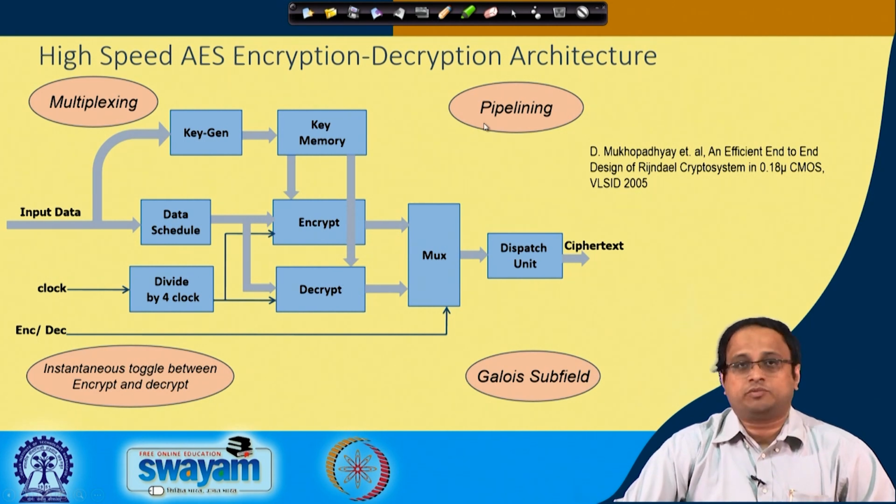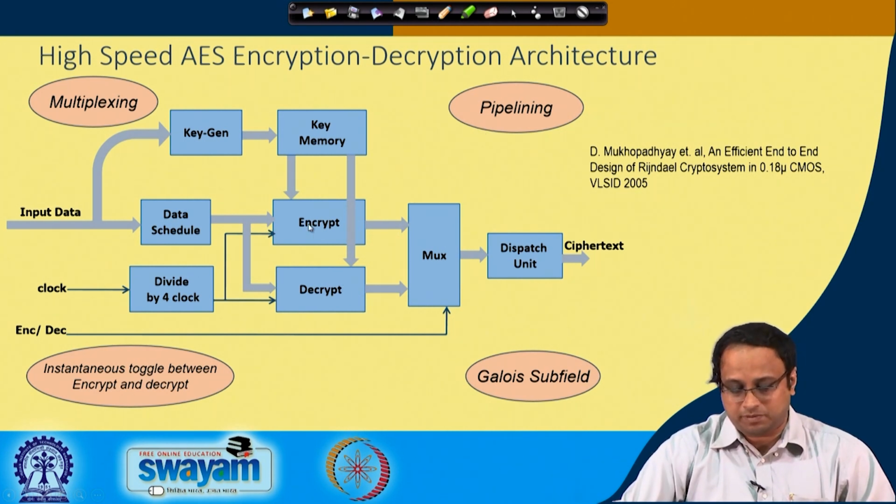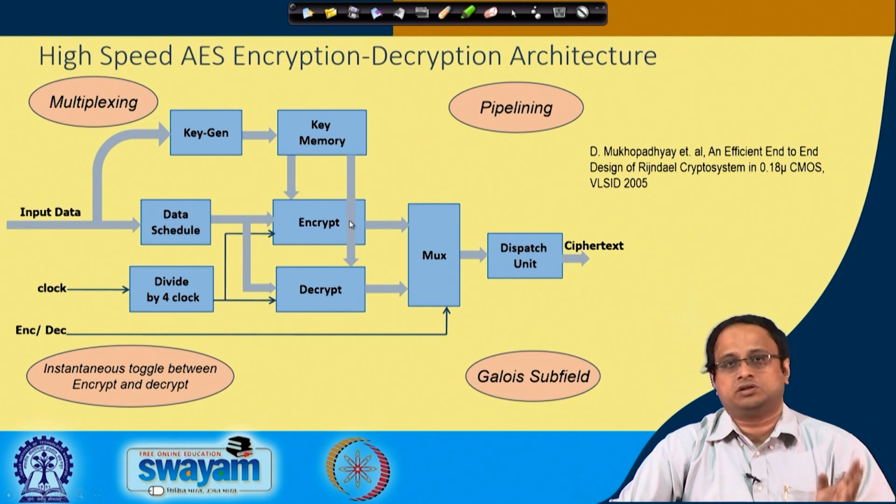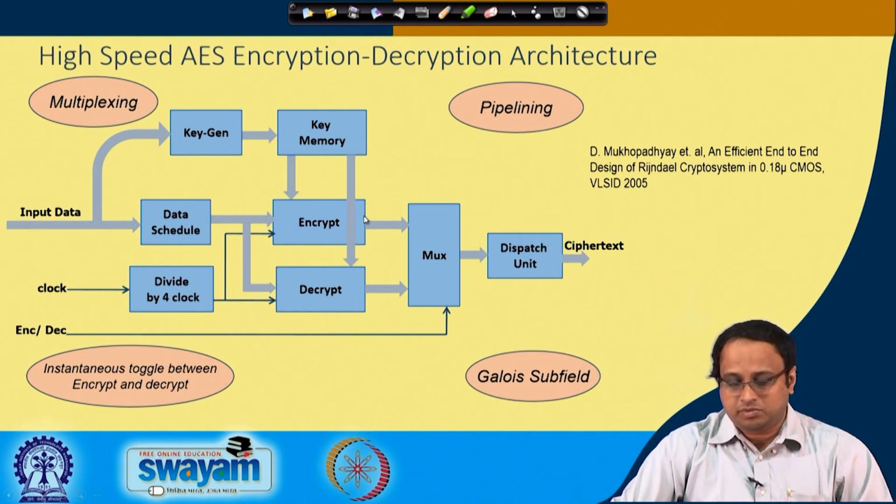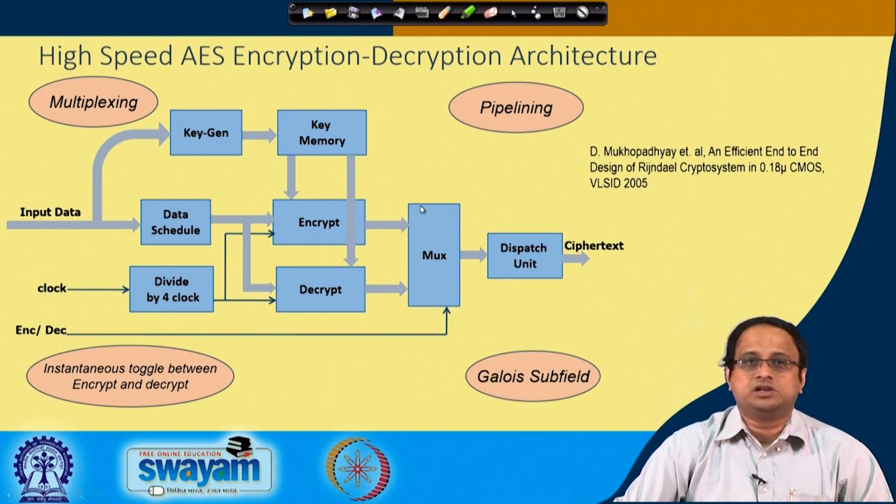You can also try to adopt pipelining, say pipelining the encryption unit in a round by round manner. But remember that when you are doing pipelining, yes, the throughput will increase, but you will not be able to support certain modes of encryption. For example, you can reflect on this point: when you do pipelining, there is no advantage when you want to have cipher block chaining, or CBC.